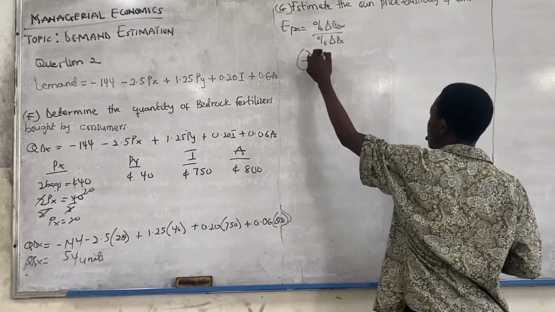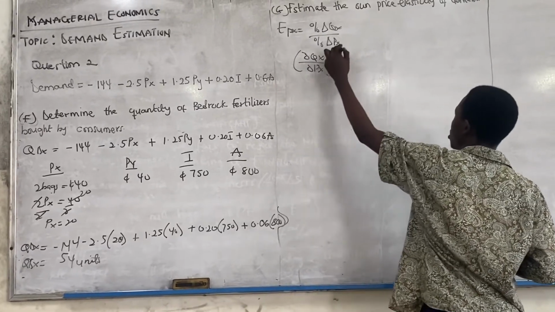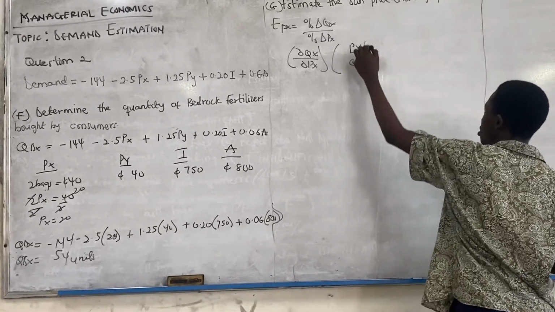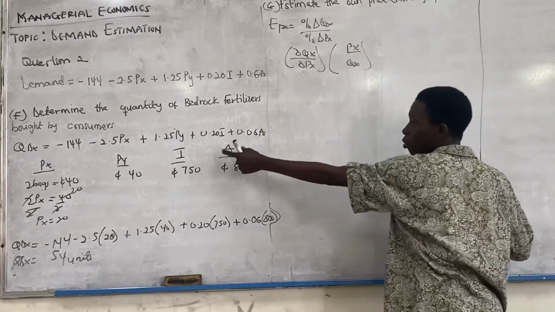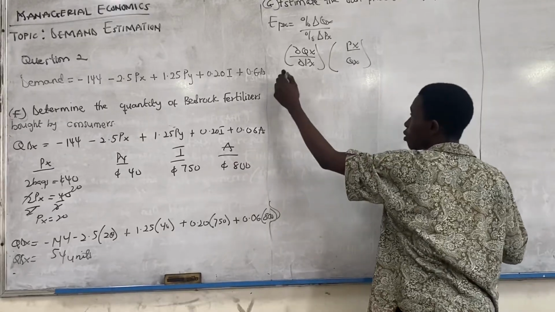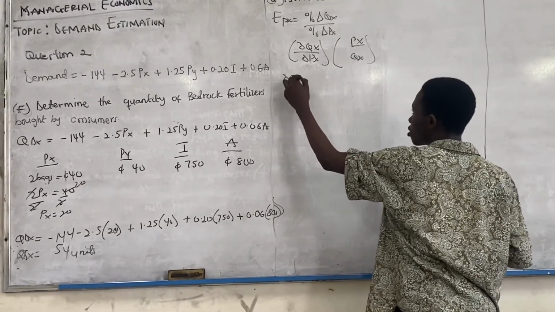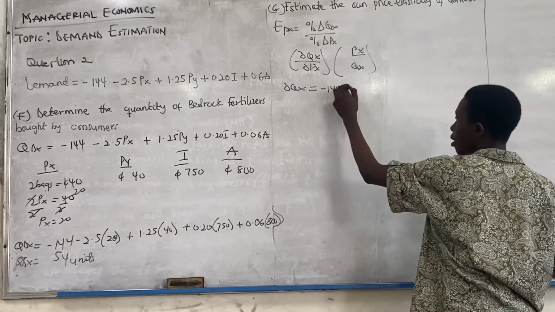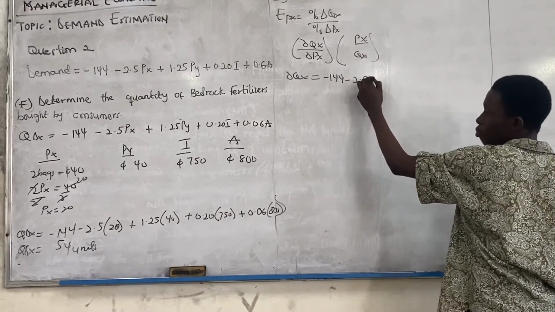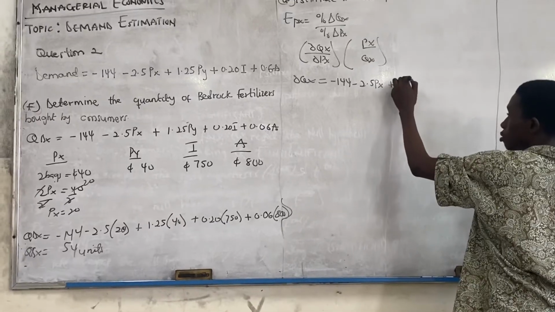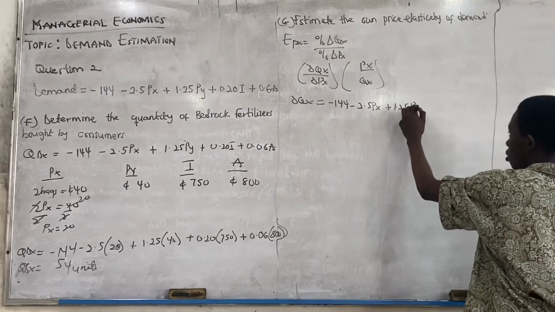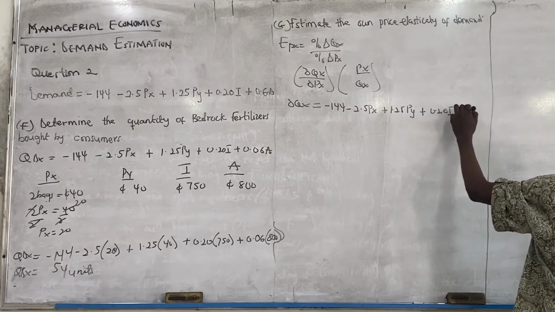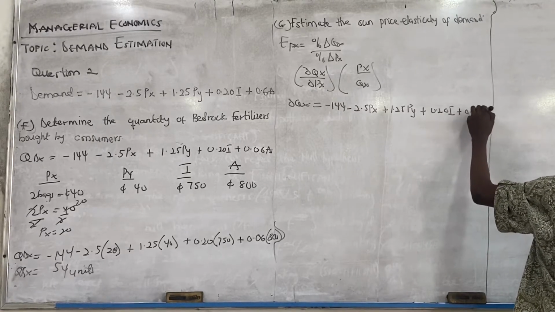So it becomes differentiate QDX with respect to Px, bracket, what's here moves up, Px over QDX. So we are going to differentiate the quantity function with respect to Px. So we have minus 144 minus 2.5 Px plus 1.25 PY plus 0.20 Income plus 0.06 Advertising.